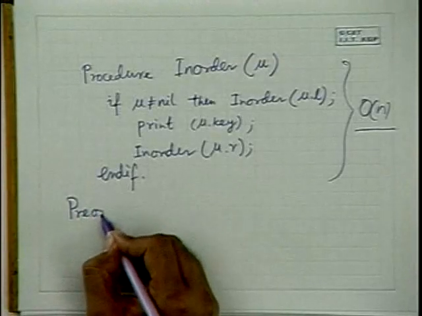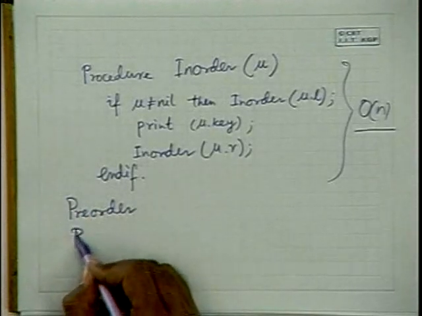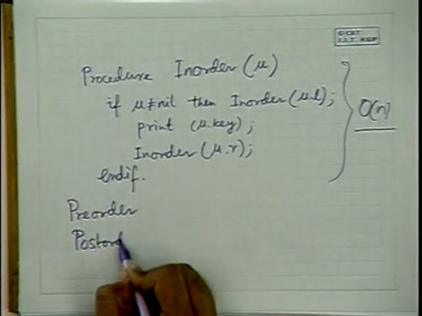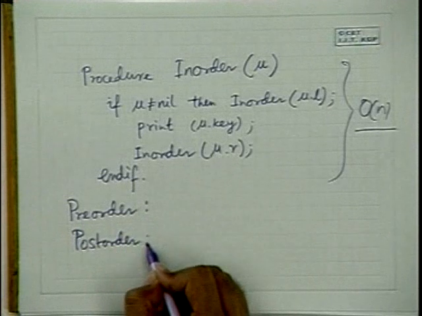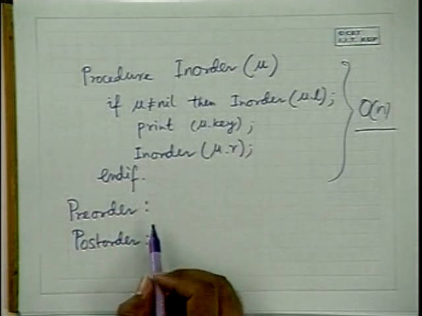So similar to in-order, there are other ways of traversing the binary search tree, which are called pre-order and post-order. So what are the rules here? I will not give you the algorithm, probably you can write it immediately.